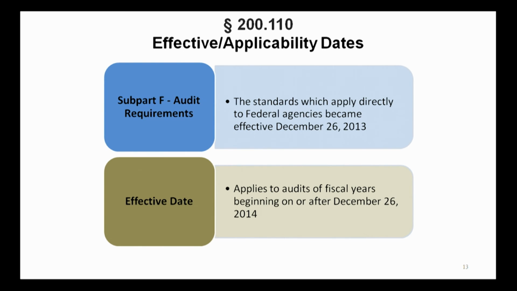Now, there were just a couple of exceptions as far as implementation. For example, audit requirements. There was actually a year to implement audits, coming into compliance depending on your fiscal year. So this would apply to fiscal years beginning after December 26, 2014.